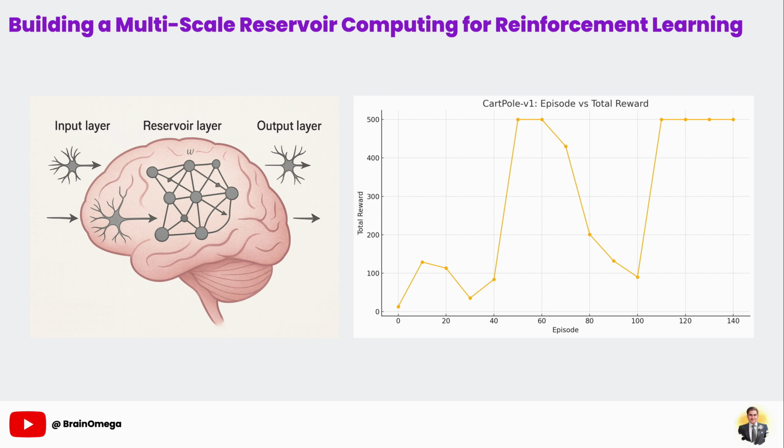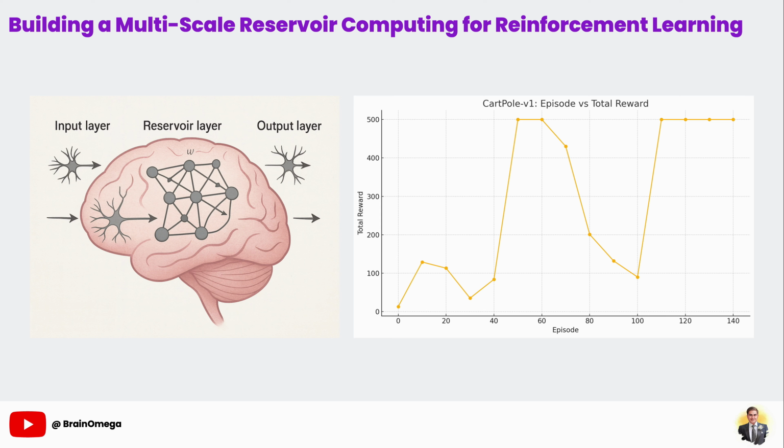Today we're going to explore an alternative paradigm called reservoir computing, and specifically its most popular implementation, the echo state network or ESN. We're going to learn the theory behind why these networks are so efficient, and then we're going to build one from absolute scratch.